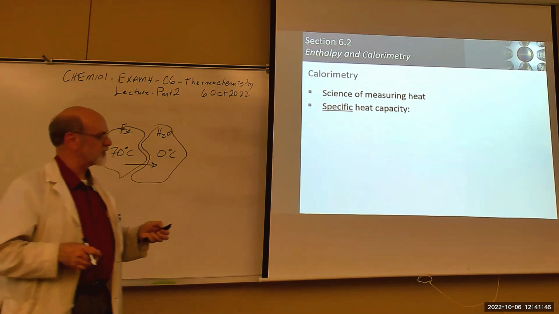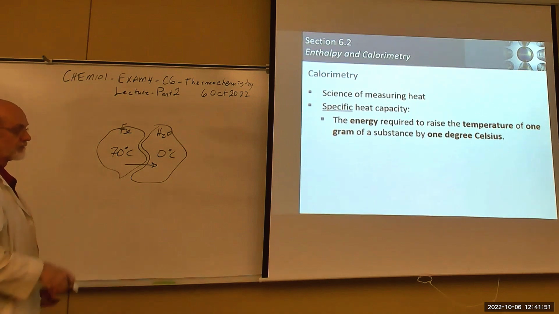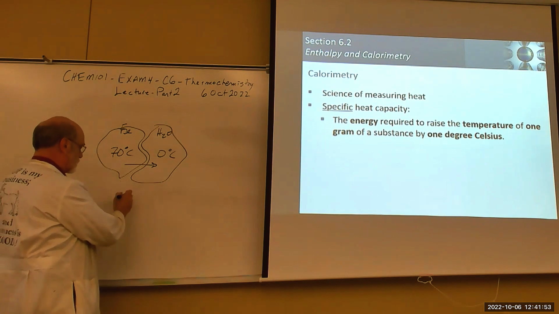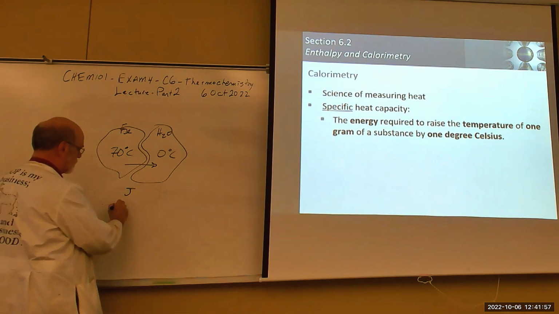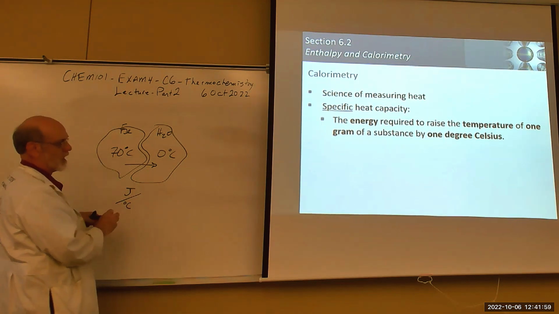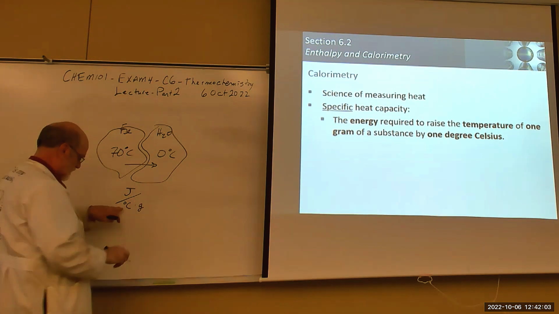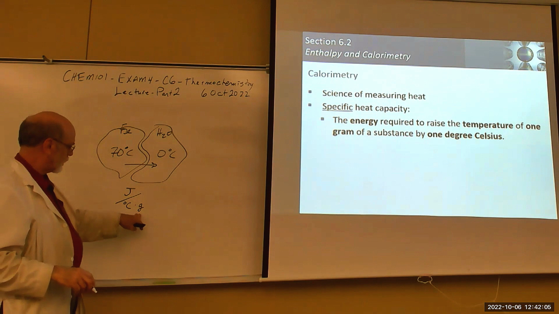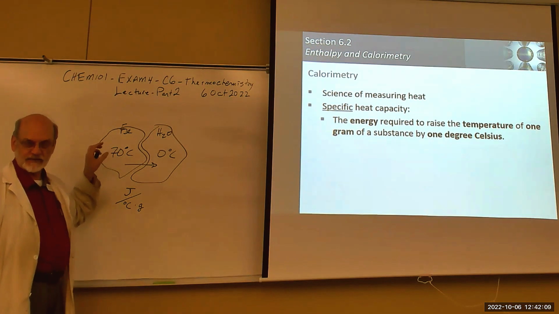So what do we mean by specific heat capacity? Well, it's a number. It's the amount of energy that's required to raise the temperature of 1 gram 1 degree centigrade for each gram of substance. And that is characteristic of the substance.